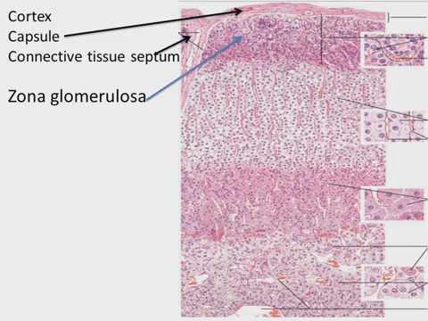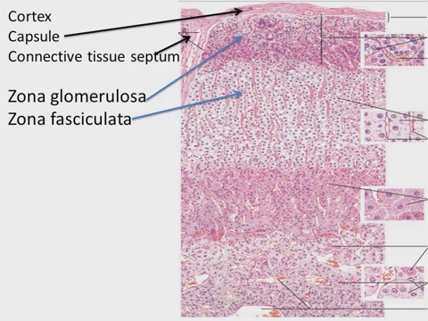The second layer is called the zona fasciculata. It is the middle and widest cellular layer in the suprarenal gland. It appears lightly stained because of the increased number of lipid droplets in the cytoplasm.